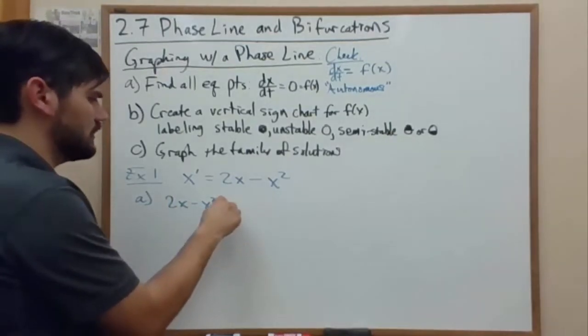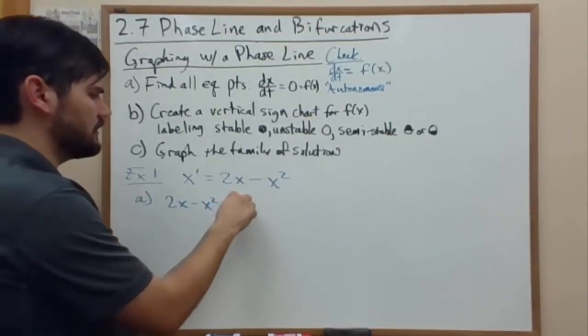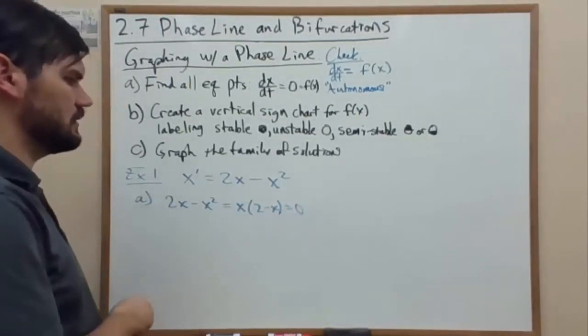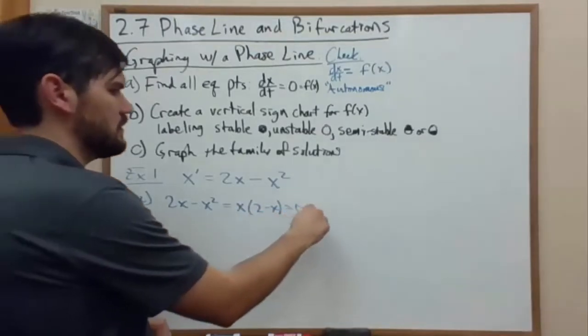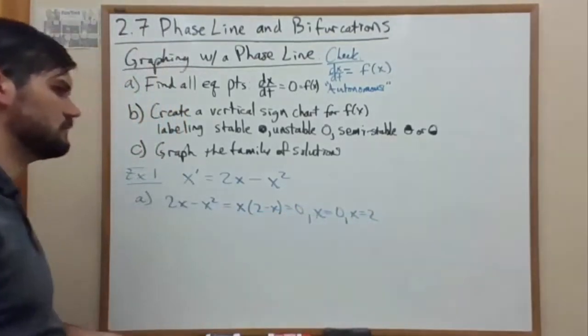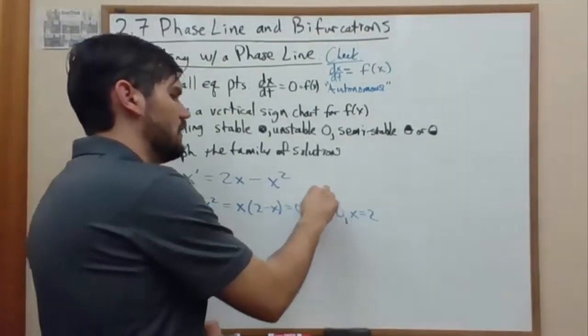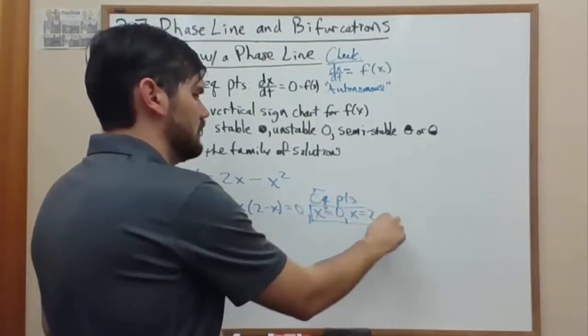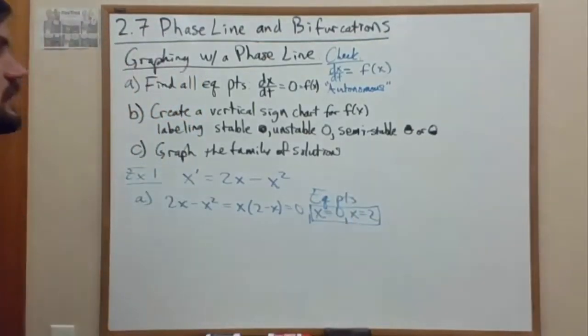And of course, we look to see what we can factor first. x times (2 minus x) equals 0. And that gives us two options: x equals 0 and x equals 2. So those are our two equilibrium points.